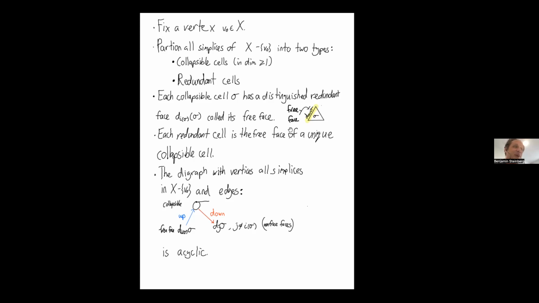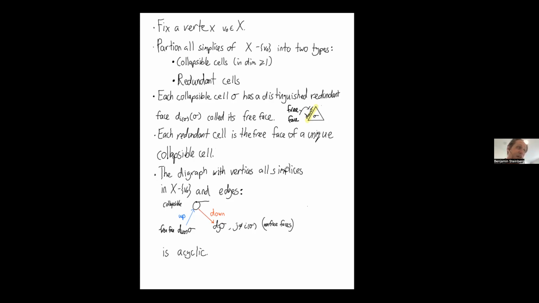But the way we talk about the redundant face really refers to both this face and its position on the simplex. And each redundant cell should be the face of a unique collapsible cell. So in other words, there's a bijection between redundant cells and collapsible cells. Every collapsible cell has its free face, which will be redundant, and every redundant cell is the free face of a unique collapsible cell. And then there's a condition that I need, which is the following.